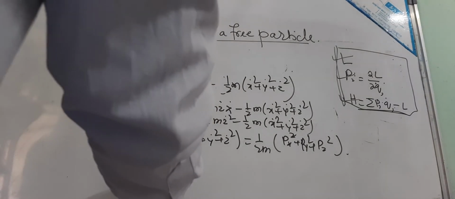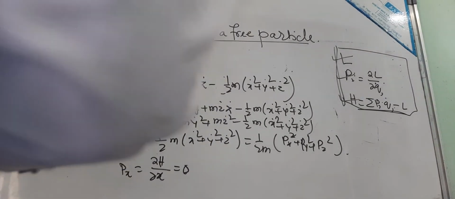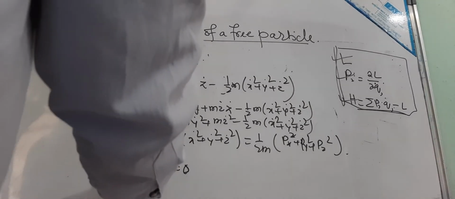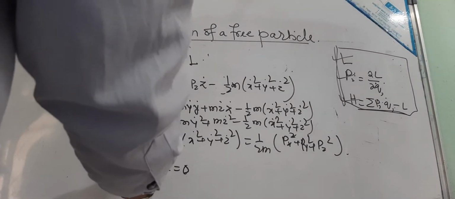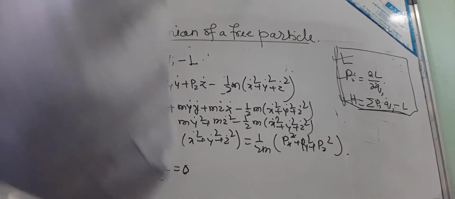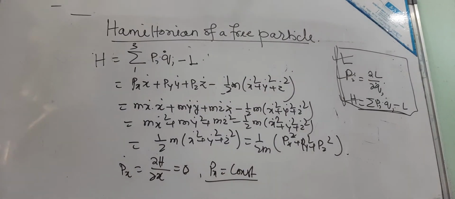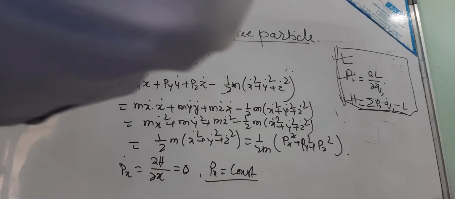If the derivative of the function is equal to 0, it means Px dot equal to 0, it means dPx by dt equal to 0. So it means Px equal to constant. Similarly, we get Py equal to constant. Similarly, we get Pz equal to constant. Therefore, for a free particle, linear momentum is conserved.